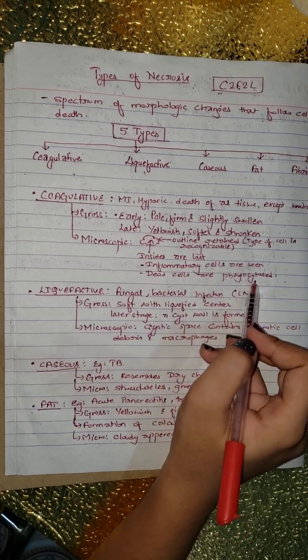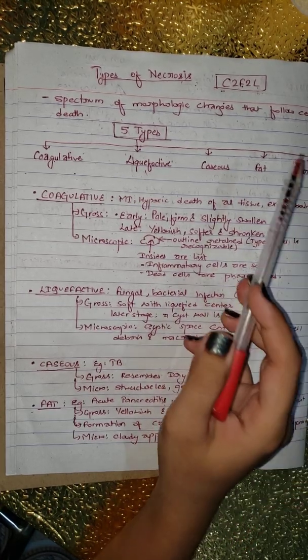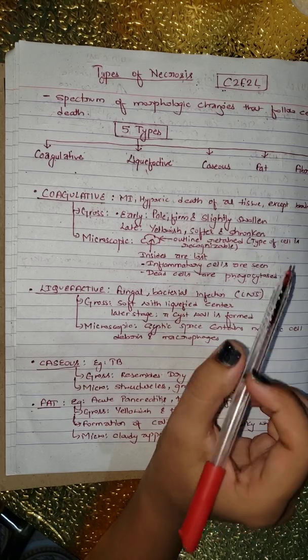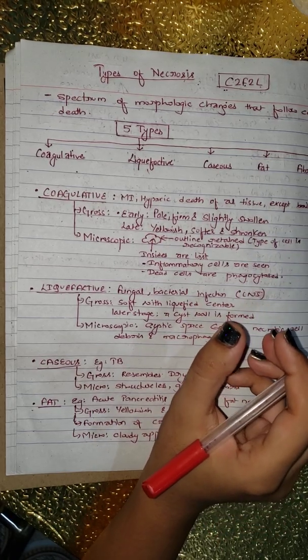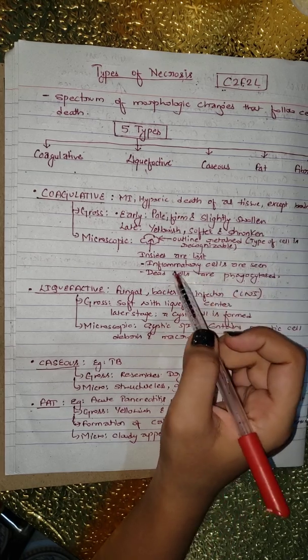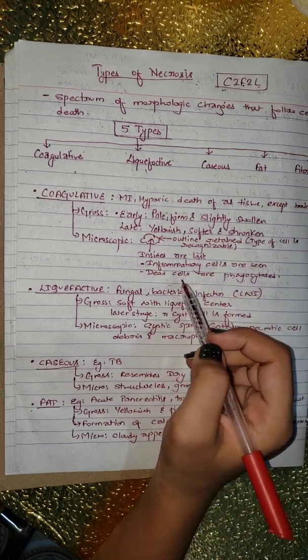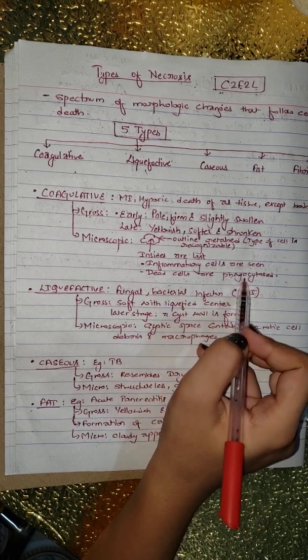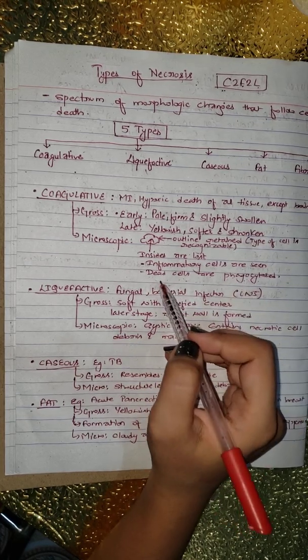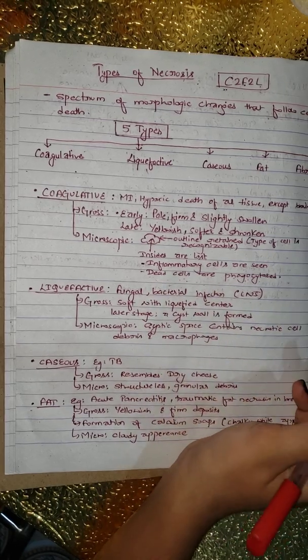We have to know that necrosis is simply a cell death process. So of course there are some cells which are dying or which are dead. So obviously where there is cell death, there is phagocytosis happening. So we can easily write that cells are phagocytosed.